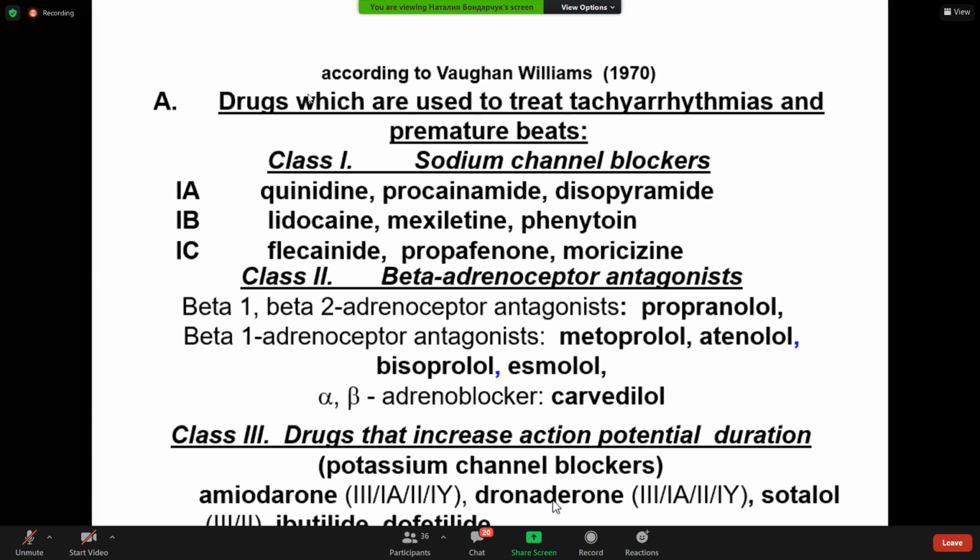That's why, in general, dronedarone is well tolerated. Sotalol, a more selective drug, you see, it inhibits only potassium channels, third class, and beta-adrenoceptors, second class. Ibutilide or dofetilide are pure potassium channel blockers, so in the brackets you can put only 3 Roman.